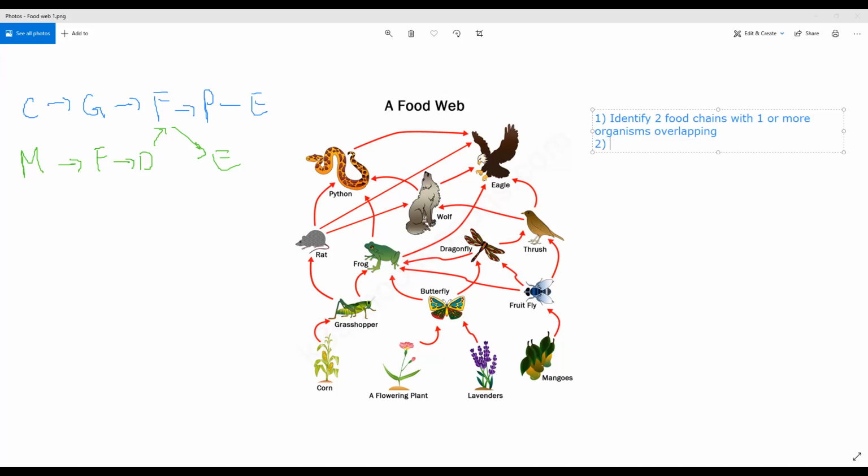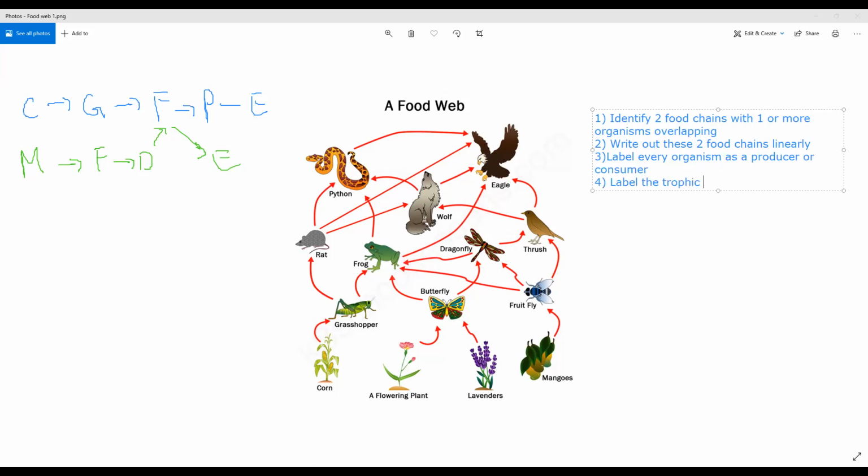Write out these two food chains linearly, just the way I did, while the overlapping organism is not written twice. You just sort of draw the arrows, connect them. Label every organism as a producer or a consumer. So you're going to have to practice that.